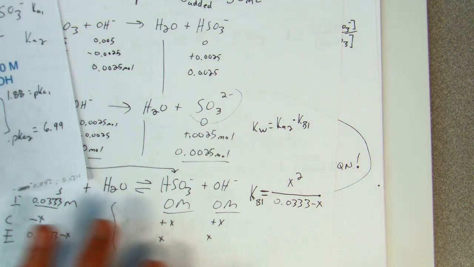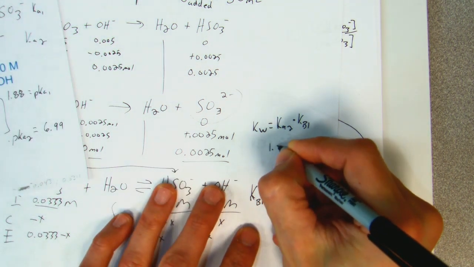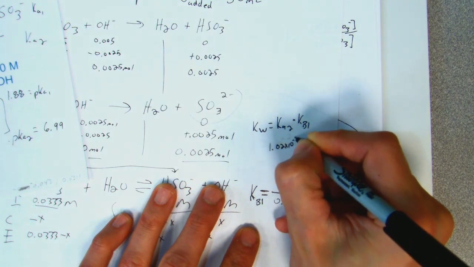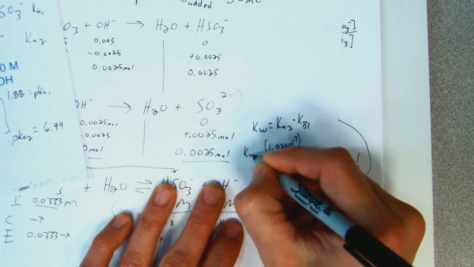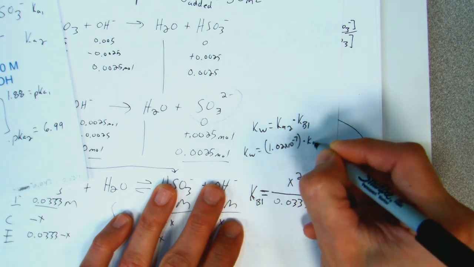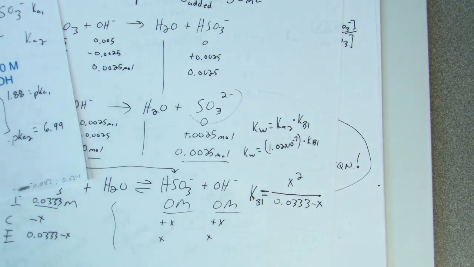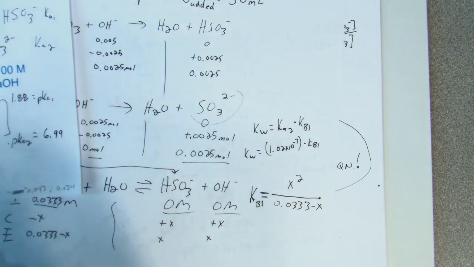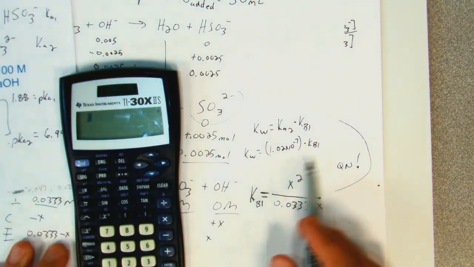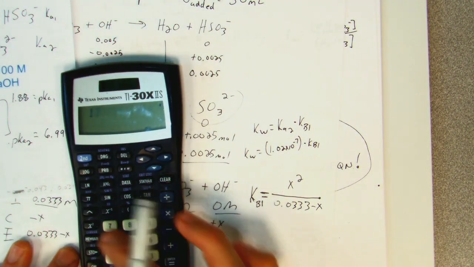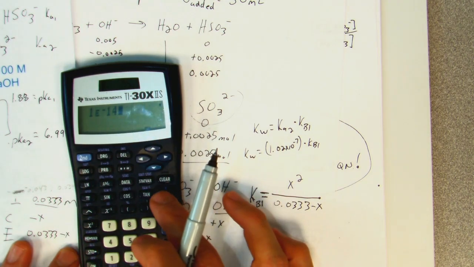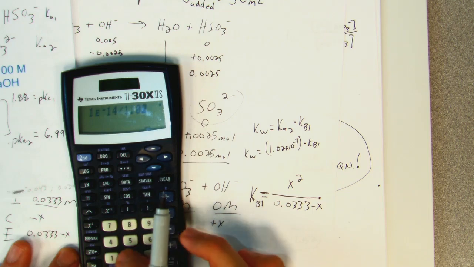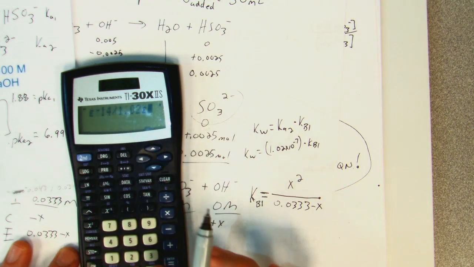And since Ka2 is 1.02 times 10 to the minus 7th, I can then rearrange and solve. So let's find my calculator here. To solve for Kb1, I take my Kw, 1e to the minus 14th, and divide it by 1.02e to the minus 7th.